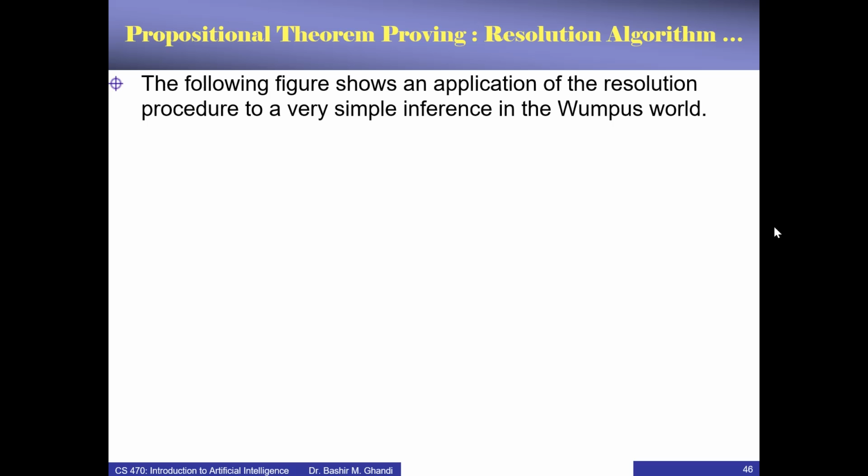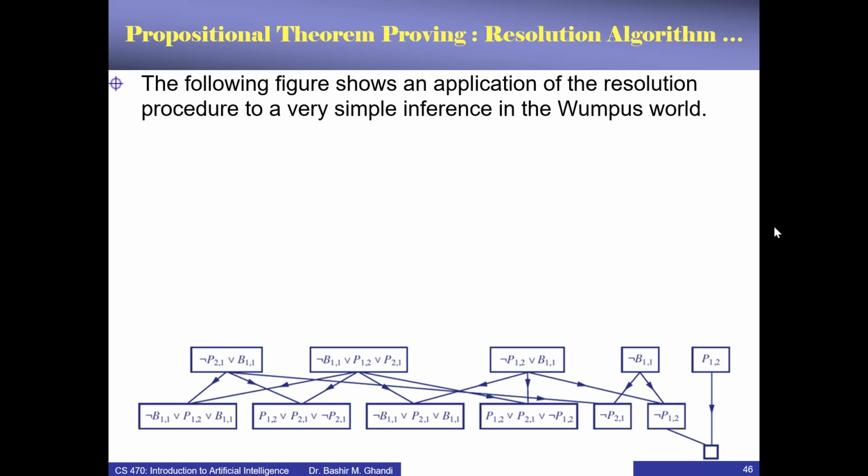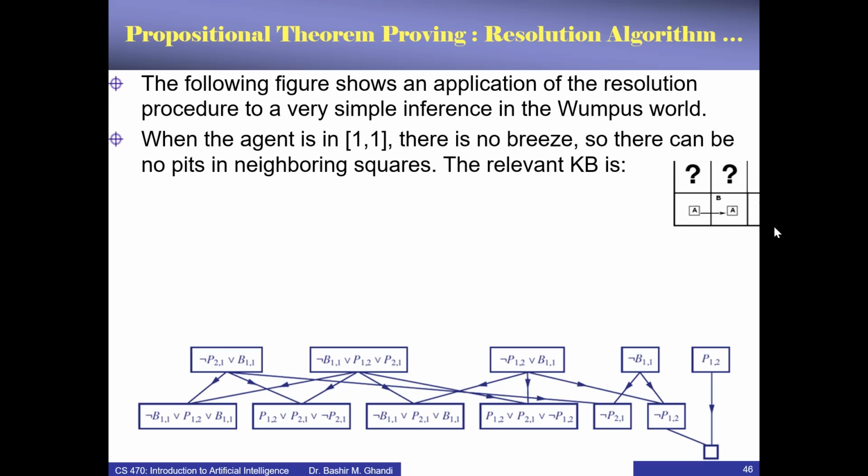So the following figure shows an application of the resolution procedure to a very simple inference in the Wumpus world. This is the figure. When the agent is in 1,1, obviously there is no breeze, so there can be no pits in the neighboring squares, no pits in 1,2 and no pit in 2,1.